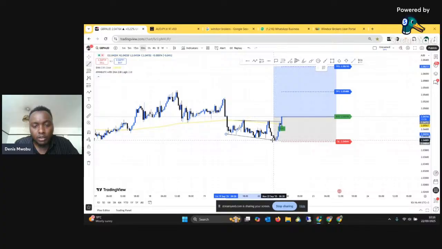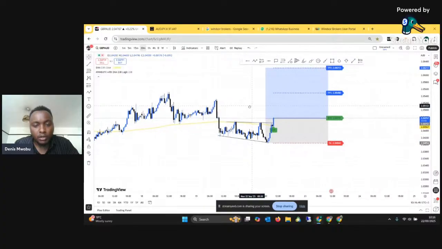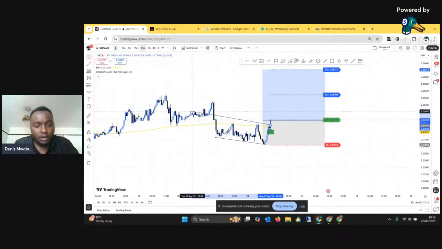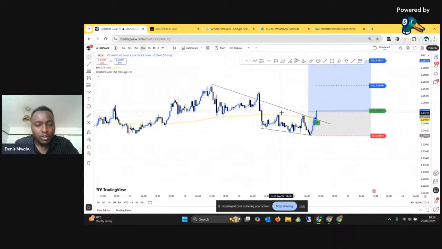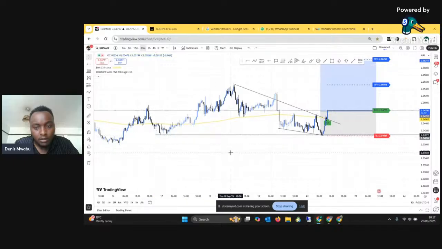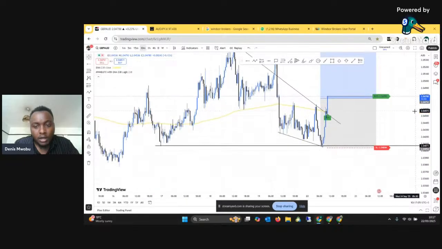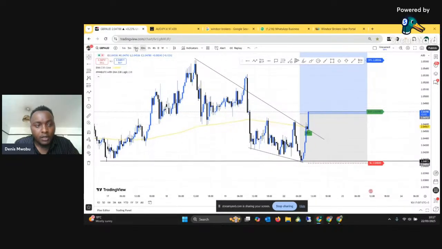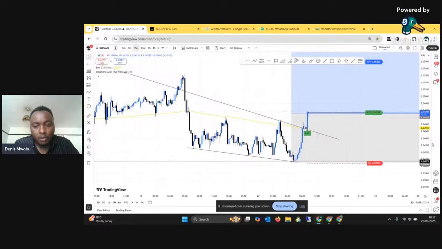We can draw something like this here. You can see that is the breakout, and then you can see price coming directly on this area here, and pushing to the upside.